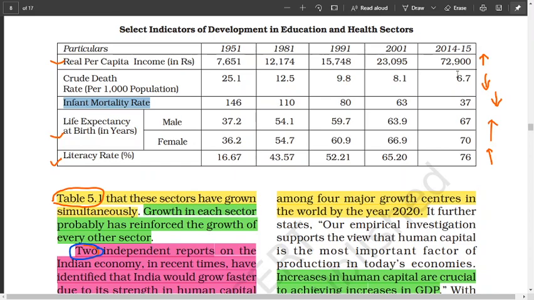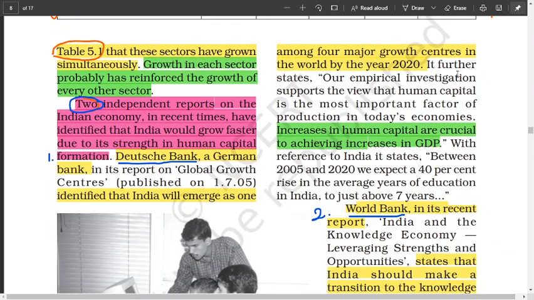And to further prove a point, let's look at two important independent studies. First, Deutsche Bank, a German bank, looking at India in recent times and how India grows because of the strength in human capital formation. That's the first report by Deutsche Bank, which identified that India will emerge as one among four major growth centers in the world by 2020. And increases in human capital, therefore, are crucial to achieve an increase in GDP.